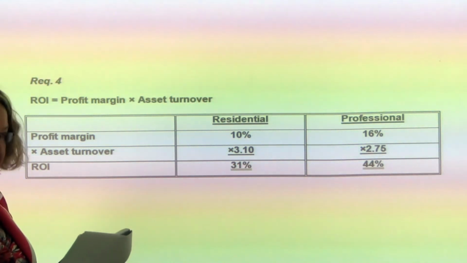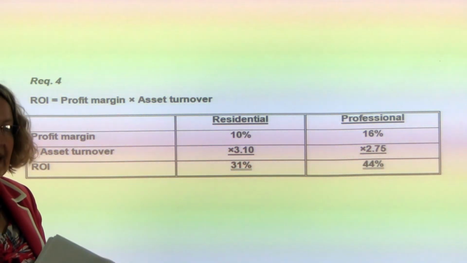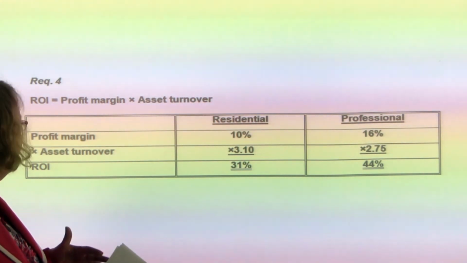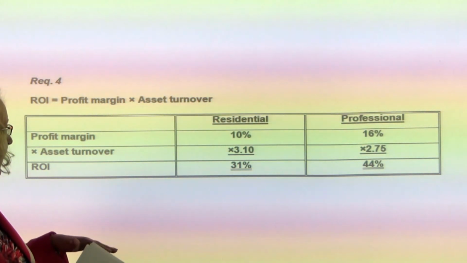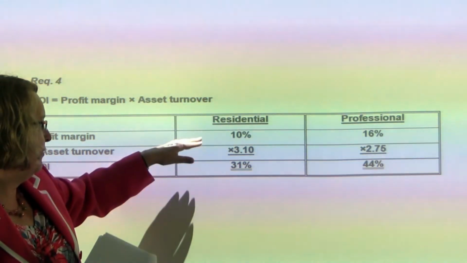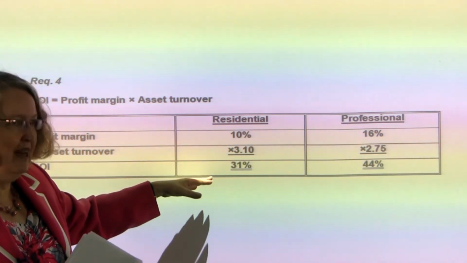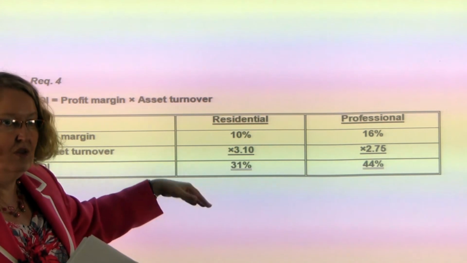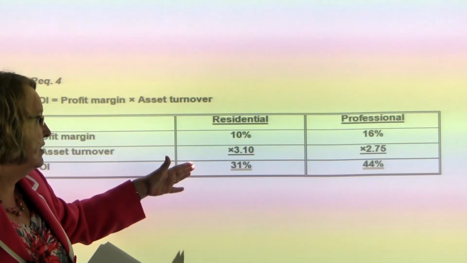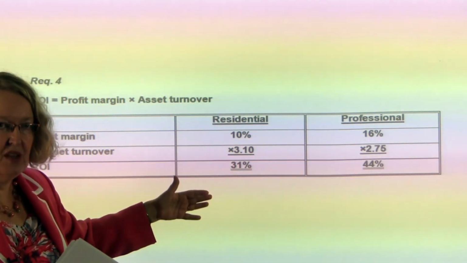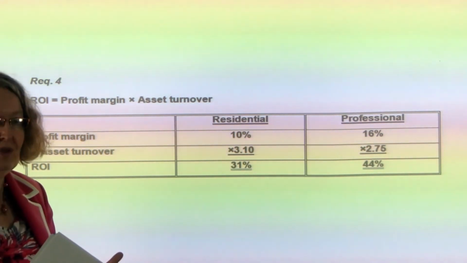So it's just breaking down the components that's giving you that return on investment, so you can see, okay, if I could improve my profit margin by X%, then how would that impact my return on investment? So you can just do some what-if analysis once you get this type of information, and that's typically what companies would do.